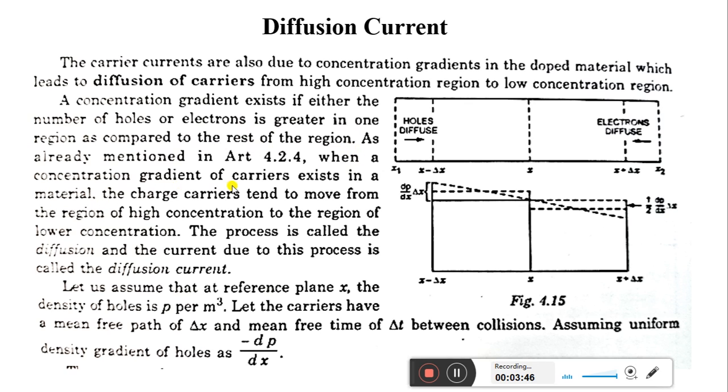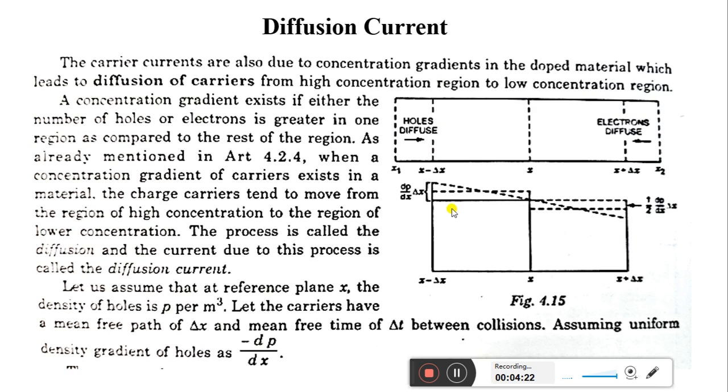When a concentration gradient of carriers exists in a material, the charge carriers tend to move from the region of higher concentration to the region of lower concentration. The process is called diffusion, and the current due to this process is called the diffusion current. I have discussed the same thing before. So let us derive the relation of the diffusion current.